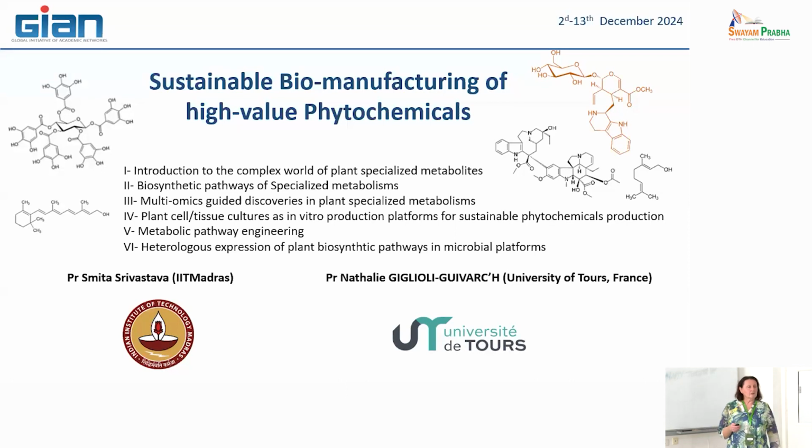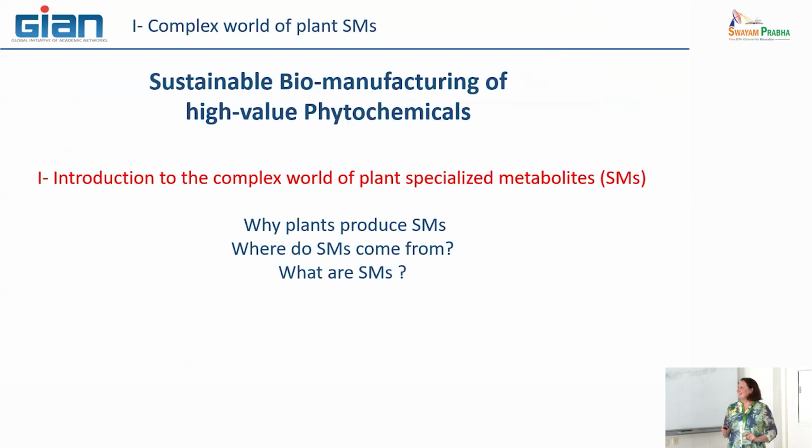So my first lecture is the complex world of these specialized metabolites, and the three questions I want to address, and also try to find answers to, are why plants produce them, even if it is dangerous. Specialized metabolites, you now have a good idea of why. I will just mention some details. And the two other questions that are very important: where in the plant these metabolites are produced, and where they come from.